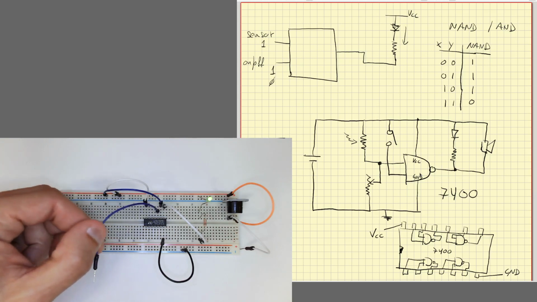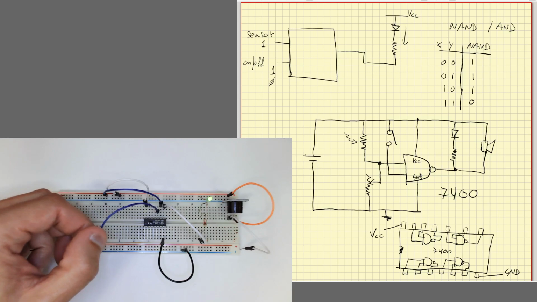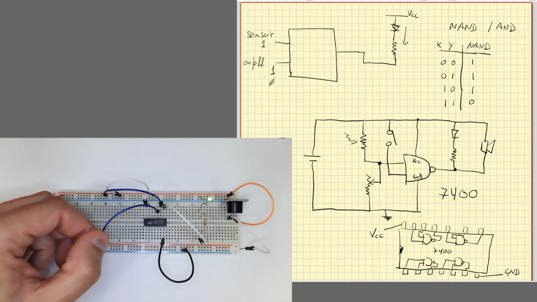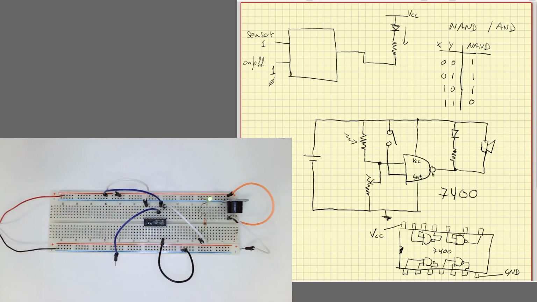Leaving it floating means that you don't really know how the circuit is going to behave. Depending on how it's built inside, it can work as a 1 or as a 0. So not connecting a cable is not an option. A 0 value is never a non-connected signal. You always have to connect it to something.